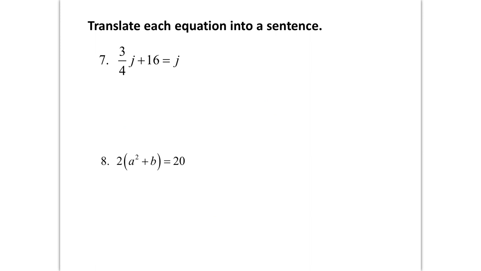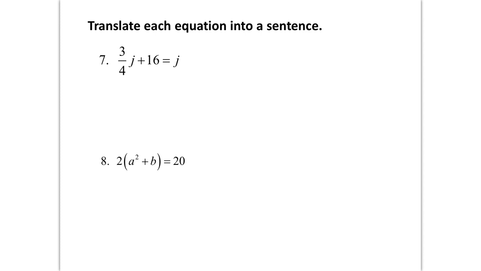Now this one here is actually going backwards. We want to translate the equation into a sentence. So first let's understand the equation. The equation I have is the fraction 3 over 4 j plus 16 equals j. So we can actually use the words a number instead of j.